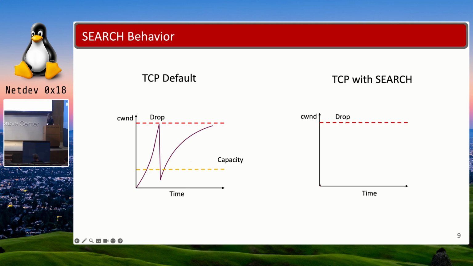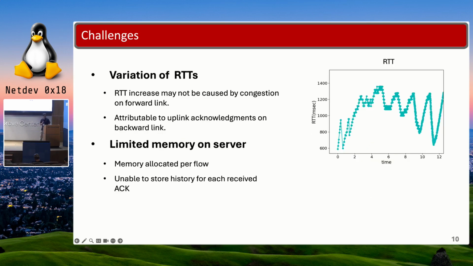For SEARCH, when we increase the congestion window size, we calculate the normalized difference. Once the normalized difference is greater than the given threshold, we exit from slow start. Ideally, we go to congestion avoidance mode and have a higher link utilization.